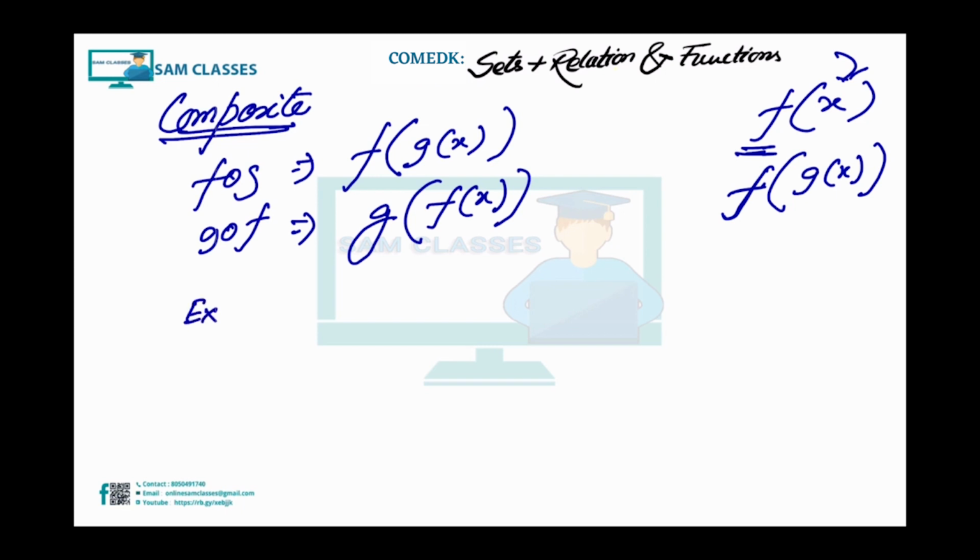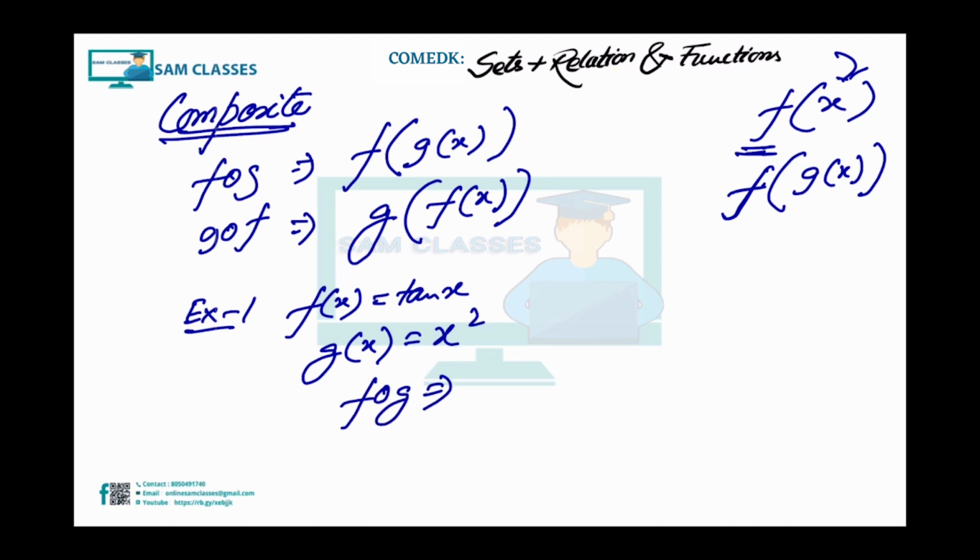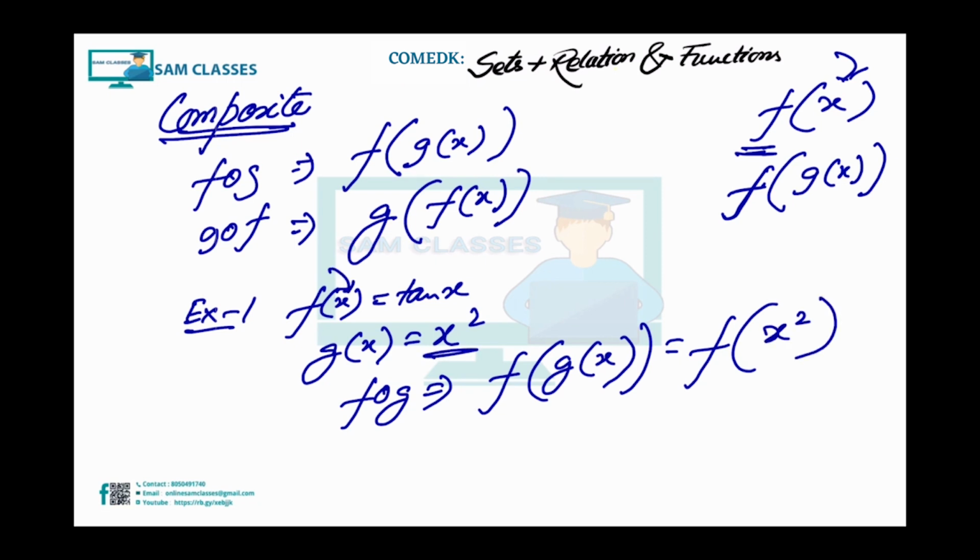So let's see one simple example, we'll be able to understand. f(x) is equal to tan x and g(x) is equal to x square. So if you do fog, it's basically in function f you're putting g(x), which is x square. So if I'm putting x, I'm getting tan x.